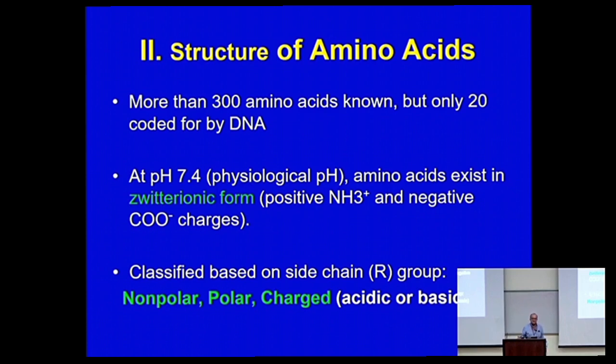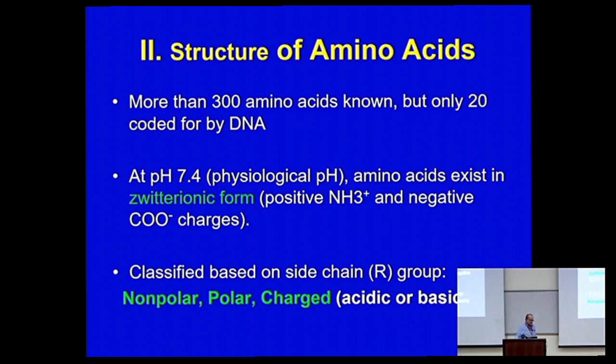The remaining 10 are called essential amino acids, and those are amino acids that we have to get from the diet. So that's one important classification. That's really related more to metabolism of amino acids, and we'll get into that in the last block of this course. But I just want you to be aware of that classification.